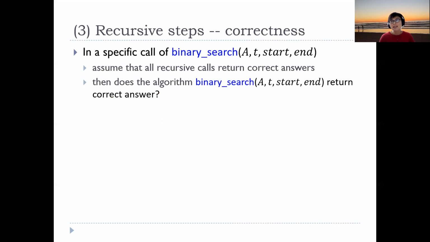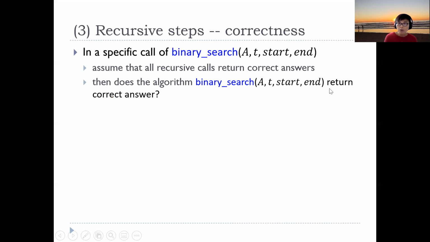The last step is the so-called inductive step, which is that in a specific call, let's say you just look at the algorithm itself. If you assume that within this algorithm, all the recursive calls return the correct answer, then does this algorithm at this level also return the correct answer?